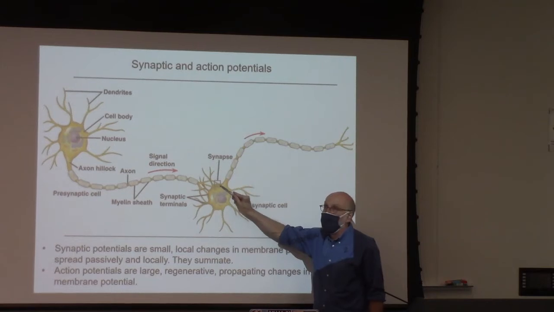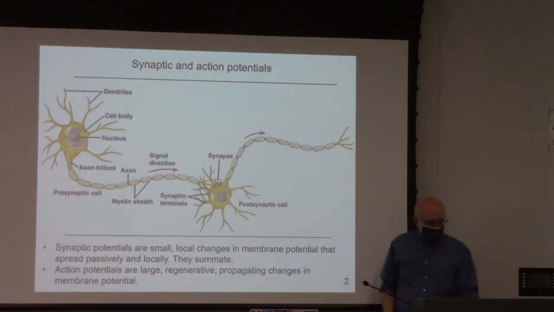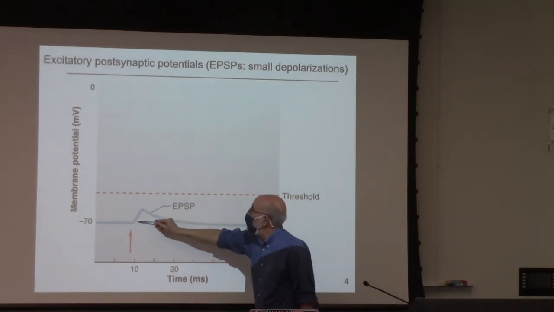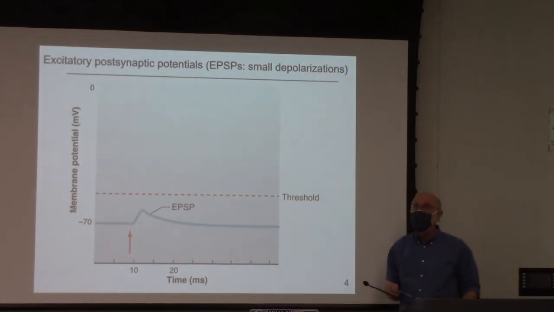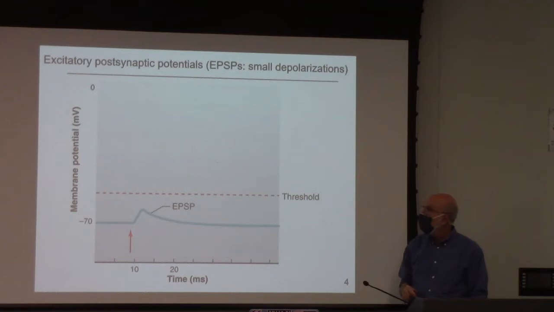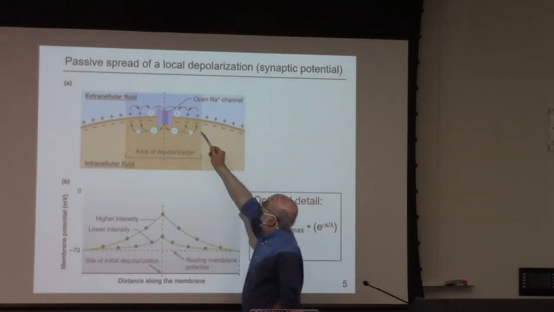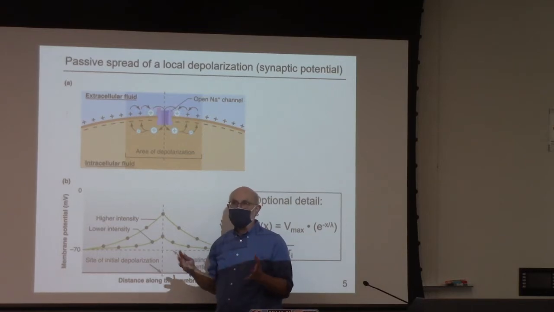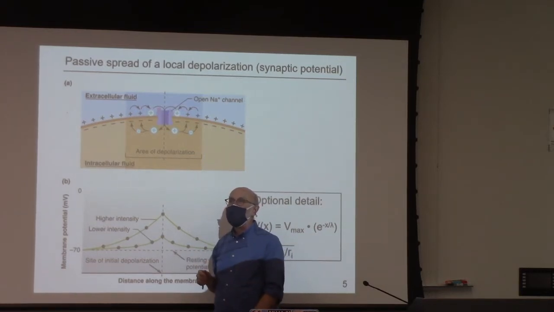And it's local. The flow of sodium is affecting the voltage in a small amplitude, and it's affecting it in a small area, small zone of the cell. So it is small and it is local.